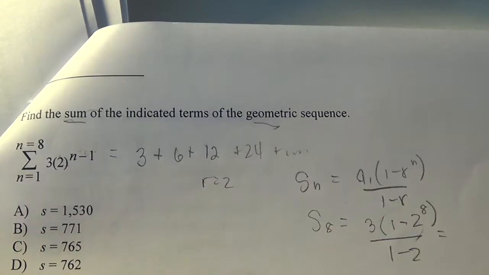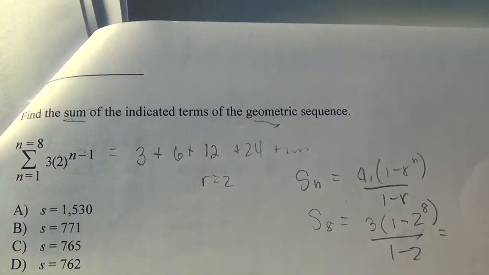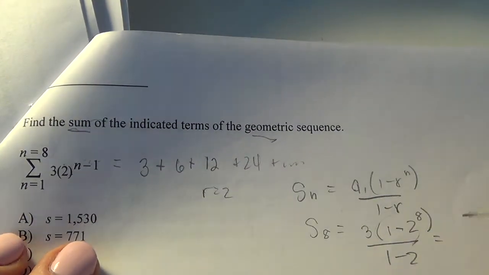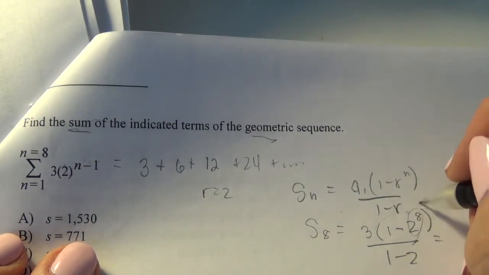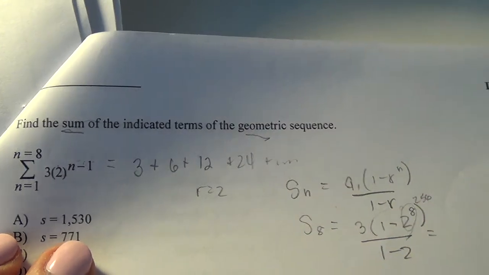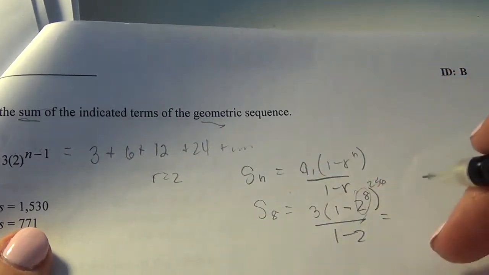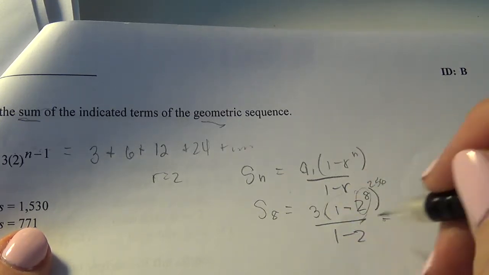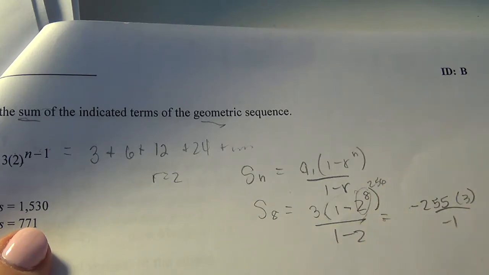Alright, let's work in here. 2 to the 8th is 256. 1 minus 256 is negative 255 times a 3 outside divided by 1 minus 2, which is a minus 1.